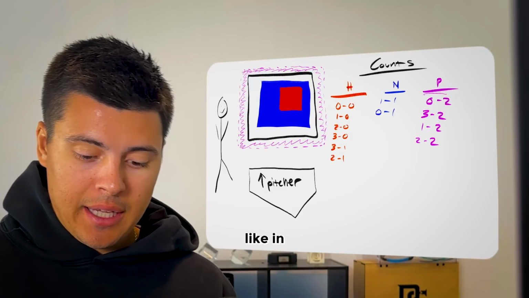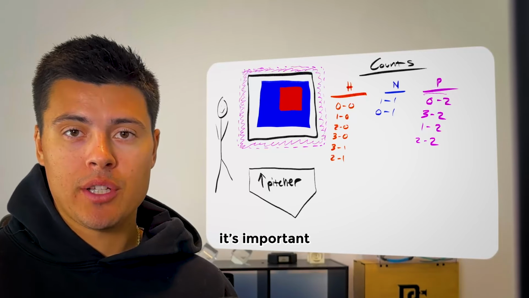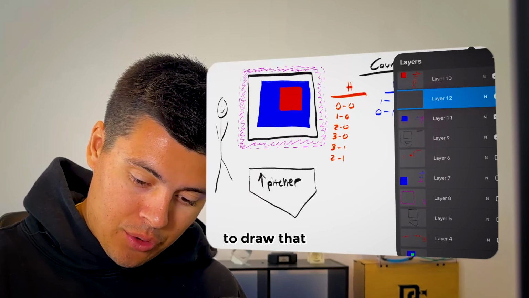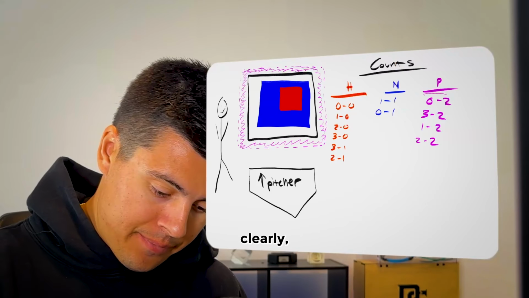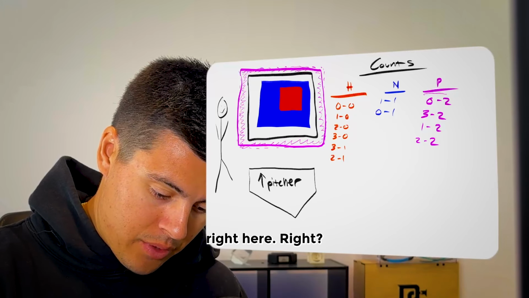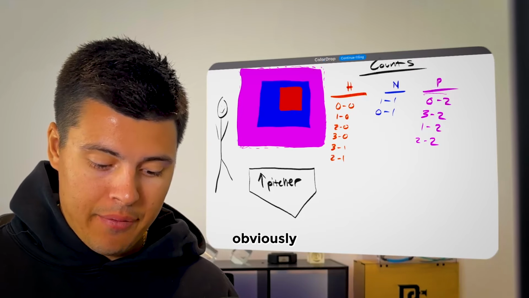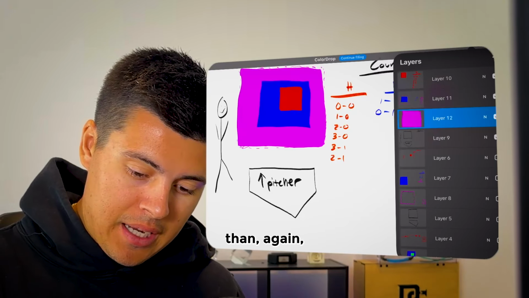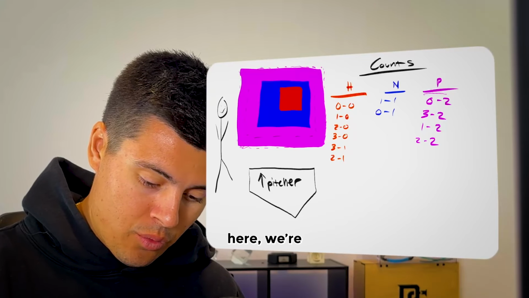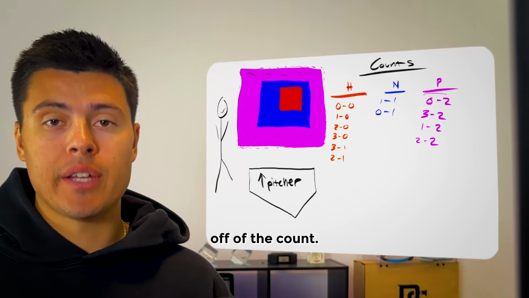So yeah, guys, in these pitcher advantage counts, this is where it's important to expand that zone a little bit more. And if I'm gonna draw that clearly, we want to cover that extra zone right here, right? And in that zone, obviously it's bigger than the hitter zone, which is about right here. We're expanding a little bit more based off of the count.